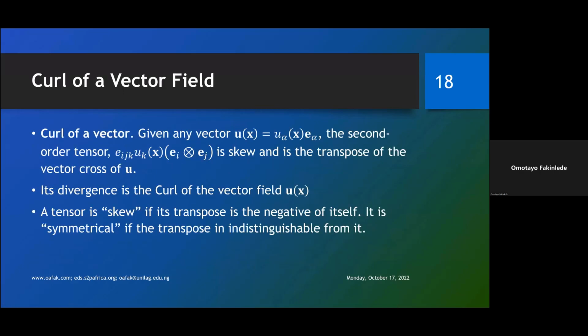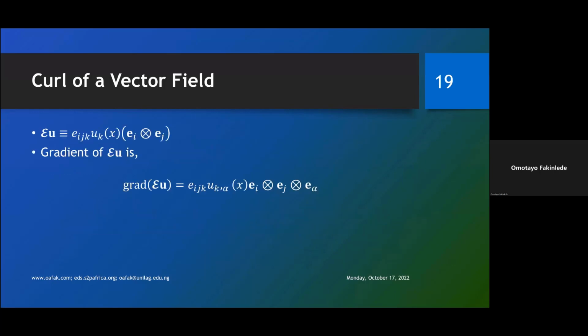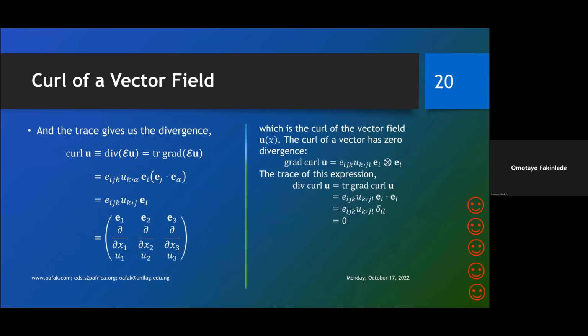The curl of a vector field. Now, I have given a much larger definition of a curl. I want you to read pages 18, 19, and 20 if you like.